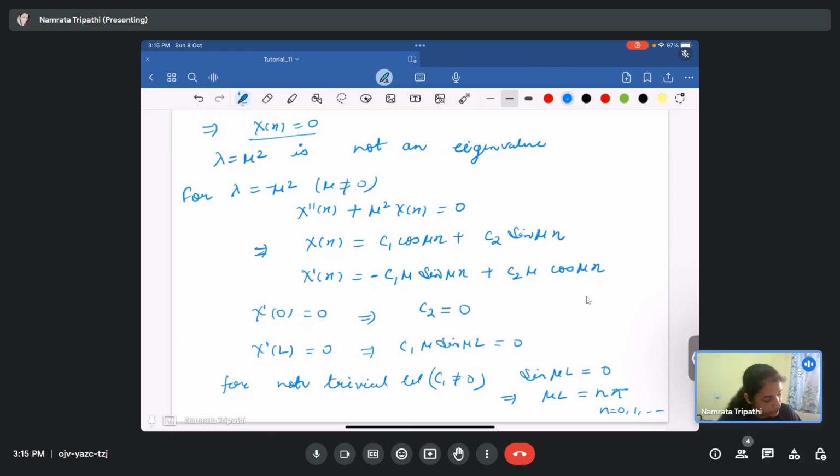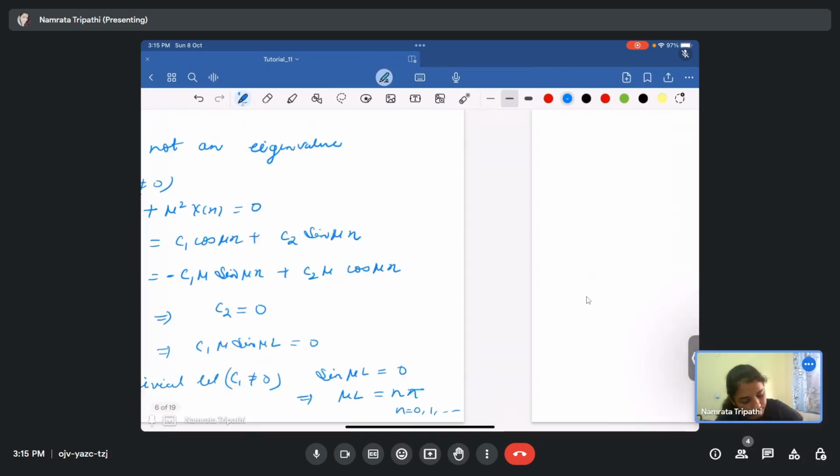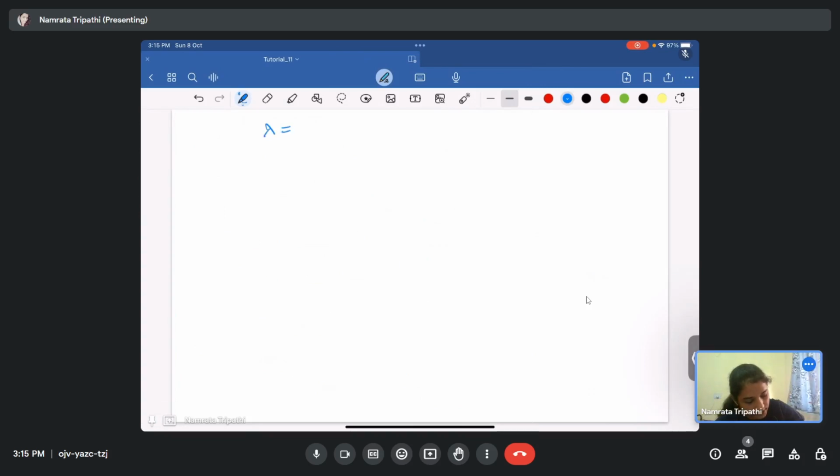So what will be the value of mu? n pi upon L. So lambda will be minus n pi upon L whole square. This is the eigenvalue, and n is 0, 1, 2 and so on. What will be the eigenfunction?